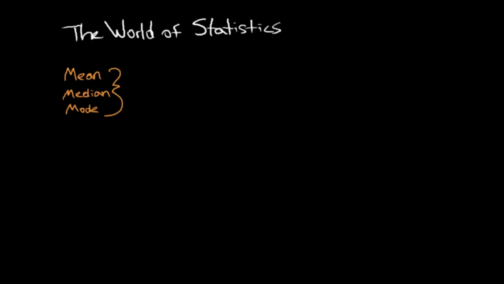So if we want to think about what the mean is, the mean is simply the average of a data set. Now, if we were to think about how this is denoted in statistics, we like to denote it as X bar.